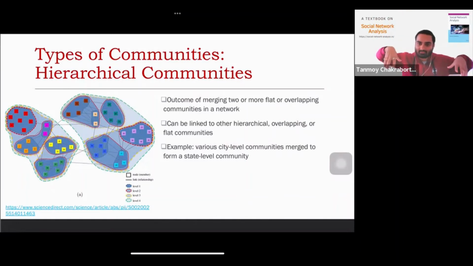So you can see a hierarchical community structure, where nodes form small groups, which form slightly bigger groups, which form the biggest group. And this is again natural.